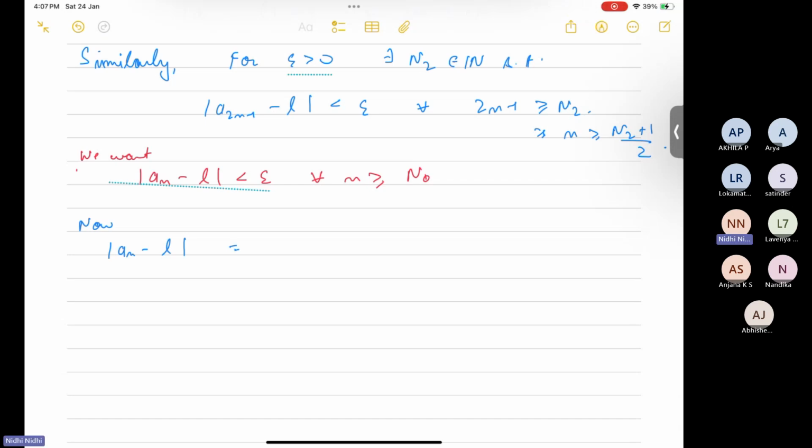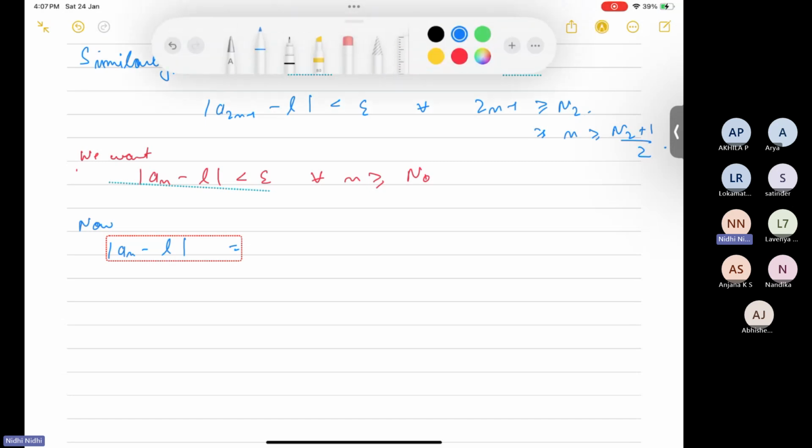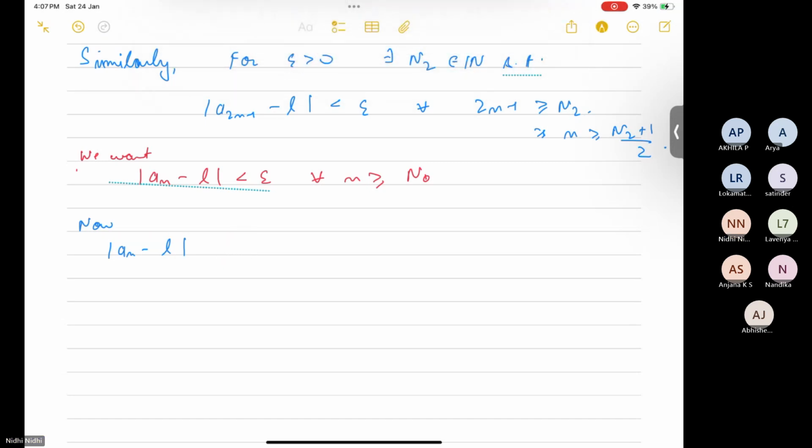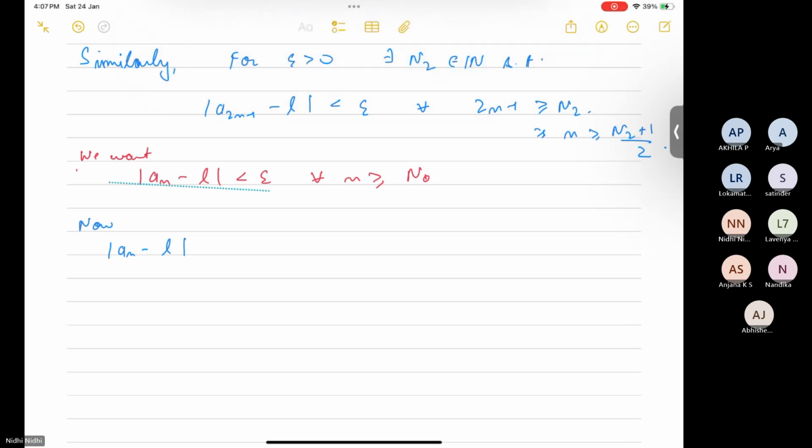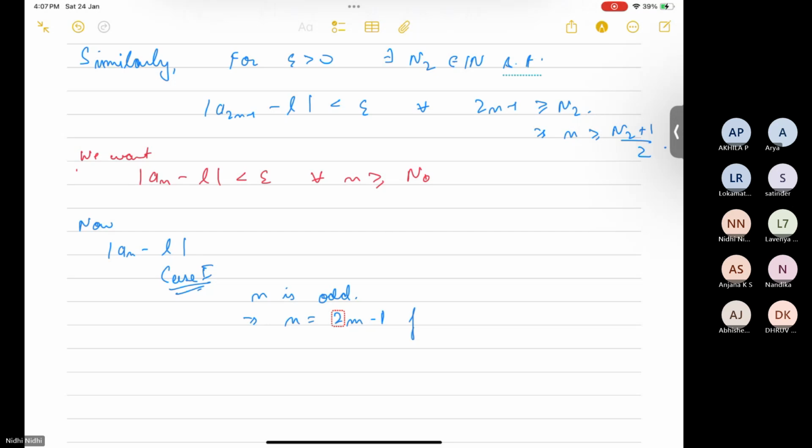is equal to, now this n can always be either even or odd. We have only two possibilities. So we have case 1, when n is odd. This implies this n can be written as 2m minus 1 for some m in N. Obviously, every odd number we can write in this form.